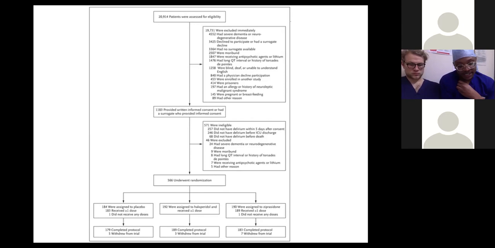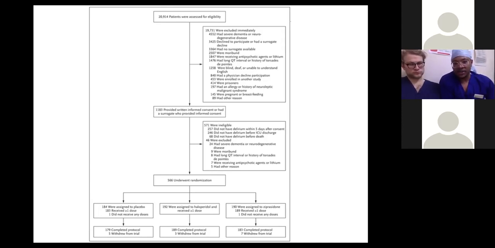Of those 4,608 patients, a large, significant proportion declined to be part of the study. So 74% of the patients declined, which left us with a total of 1,183 patients who could have provided informed consent and could have gone further with the study.